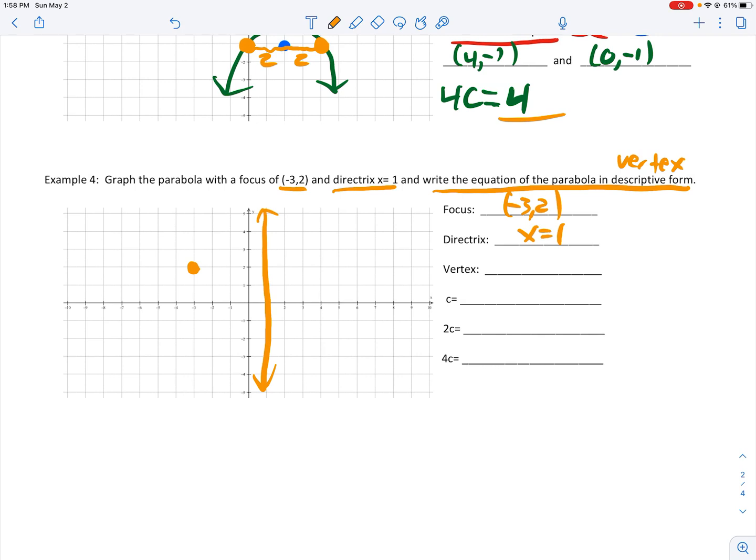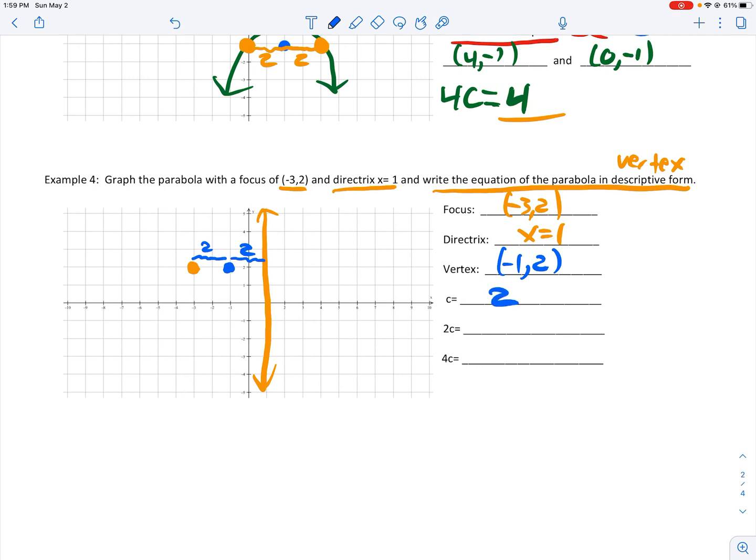So what would be the vertex? Well, the vertex is in the middle between the two. So it would be right in the middle. So (-1, 2). How do I know that? Because the distance from the orange dot to the blue dot is 2, which should be the same distance from the blue dot to the orange line, which is 2. Right?